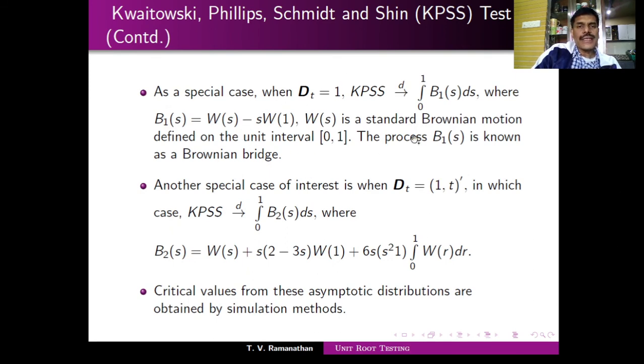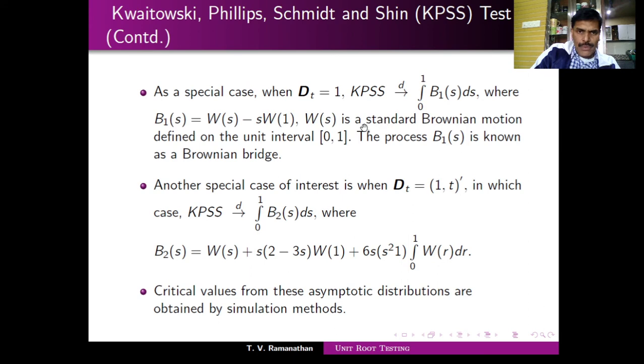As a special case, for example the KPSS, when dt is 1, that means the constant term is just 1, you can see that the KPSS converges in distribution to the integral from 0 to 1 of B1(s)^2 ds, where B1(s) is defined from a Brownian motion process, which you have already learned. You have not learned what a stochastic integral is, so I'm not going into much of this. B1(s) is defined as W(s) minus sW(1).